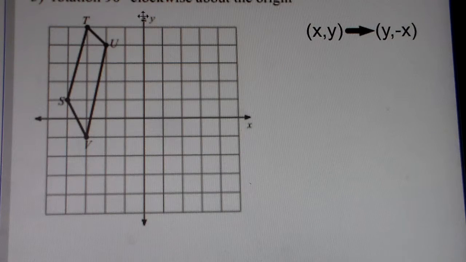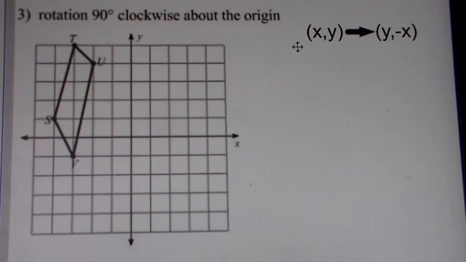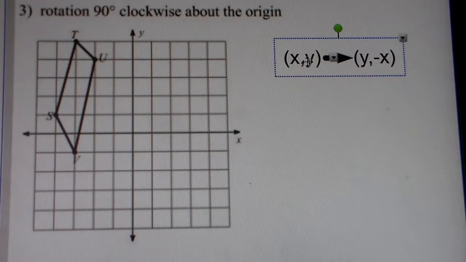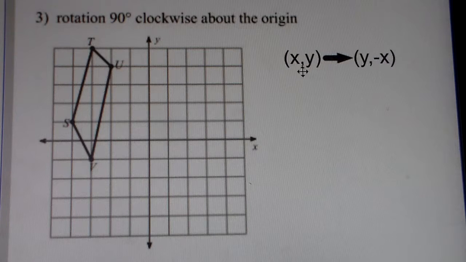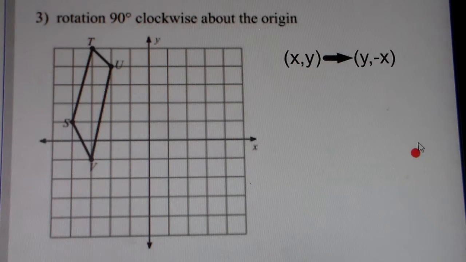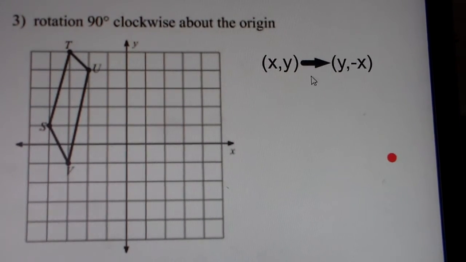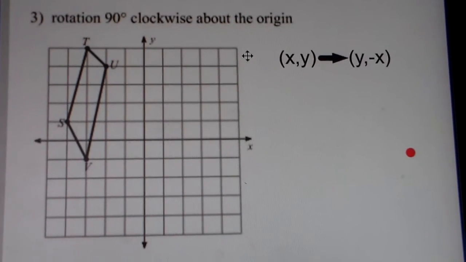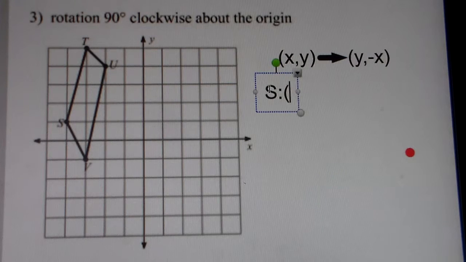Number 3, it says rotate 90 degrees clockwise. The formula to do that is what I have here. (x, y) changes to (y, -x). So we first have to find the coordinates of S, T, U, and V. S, the coordinates are -4, 1.